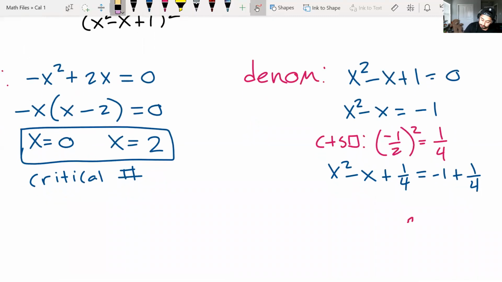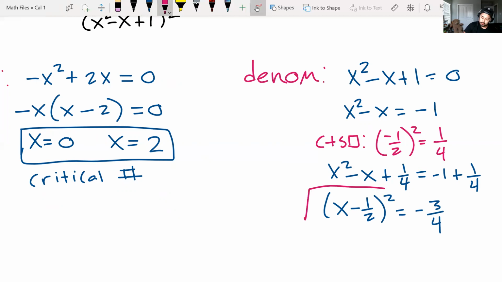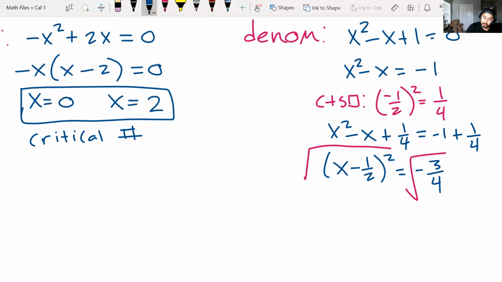And then factor the left side. Remember, after you complete the square, the whole left side becomes factorable. So this becomes x minus 1/2 squared equal to -3/4. And then square root both sides. You get x minus 1/2 equal to plus or minus.